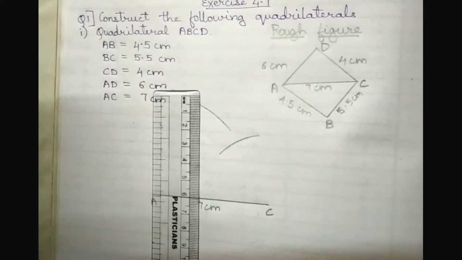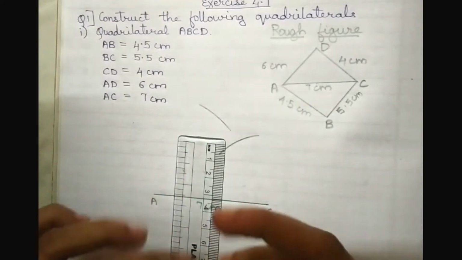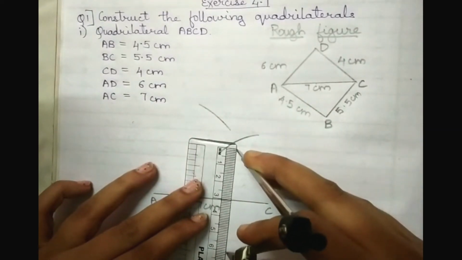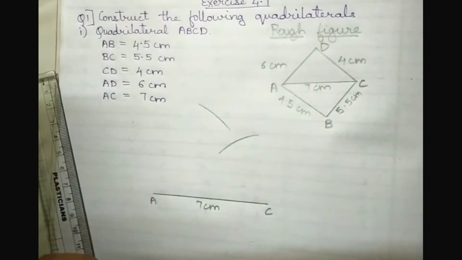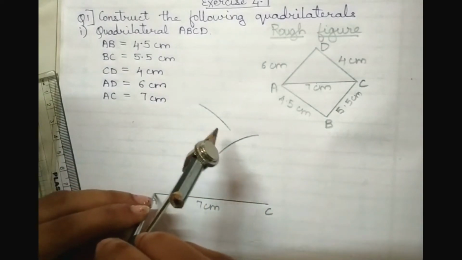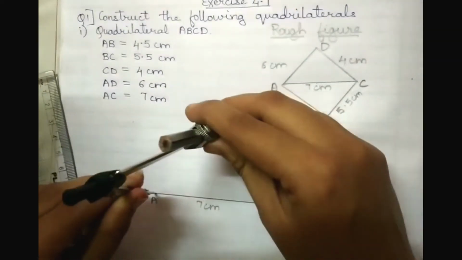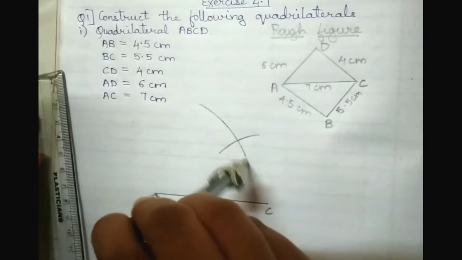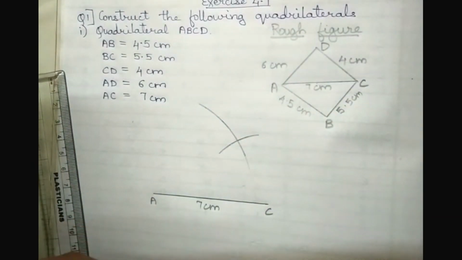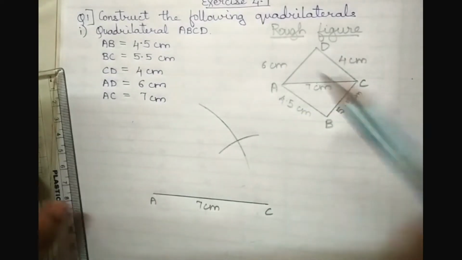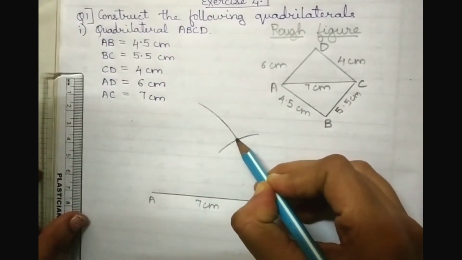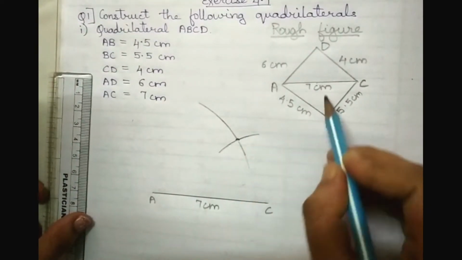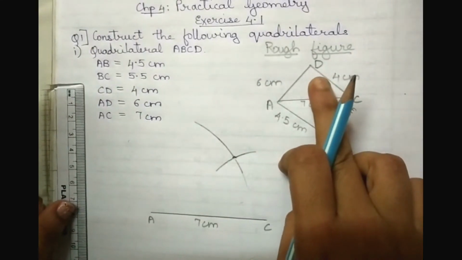So again I will take the measure 6 centimeter on compass and I will increase this arc. I have extended this arc and now I got a point of intersection, and this point of intersection is our point D.